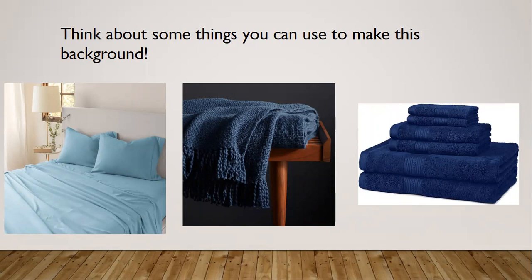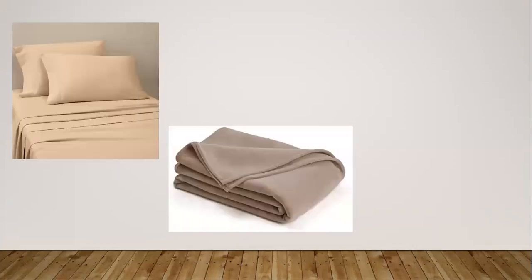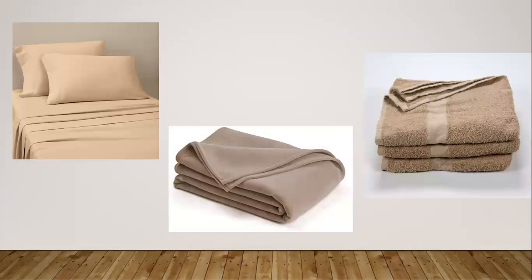If you're using a tent, or underneath a table, or your bedroom to make your habitat, these would be really great to make your room look blue like an ocean, or underneath the table look blue like the ocean. And then maybe you want a sandy bottom, so you can find a tan sheet or a tan blanket or tan towels to put down on the ground to make it look like a sandy bottom.